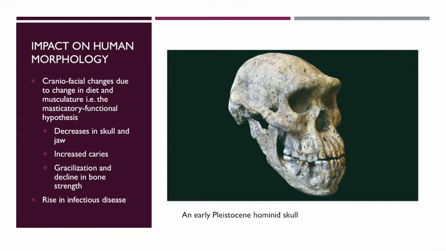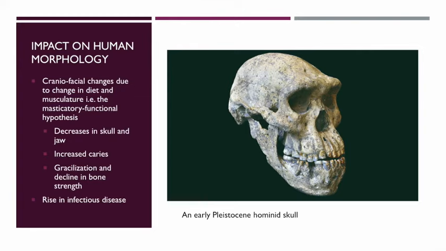We see lots of changes that the human body undergoes after the development of agriculture. And it's often referred to as this masticatory functional hypothesis, in that the foods that were consumed by foraging human beings tended to be tougher, rougher, and harder than those foods that were eaten by human beings after the development of agriculture.